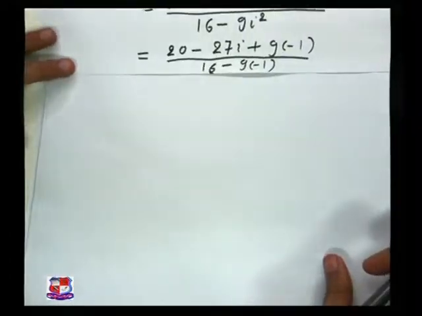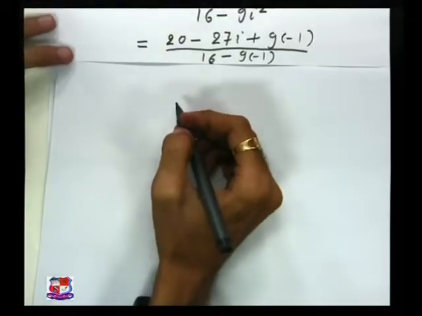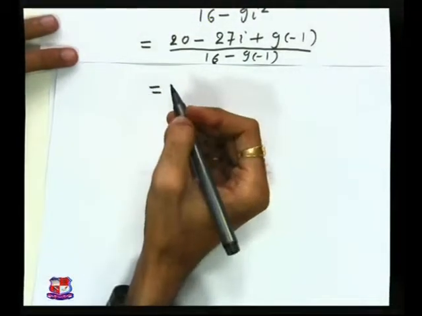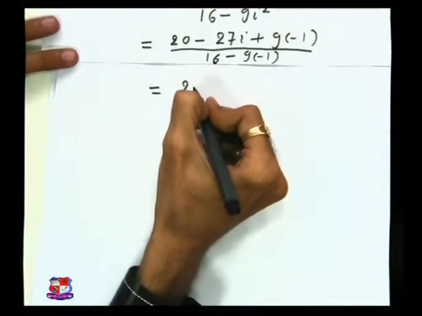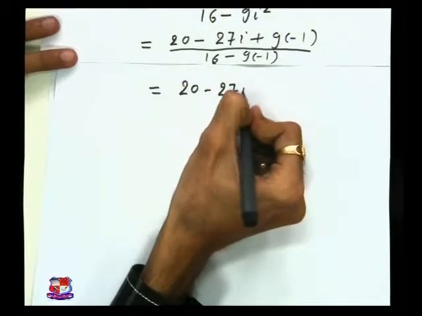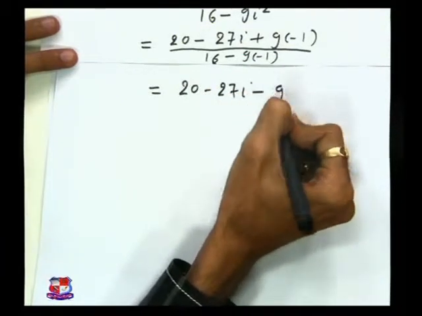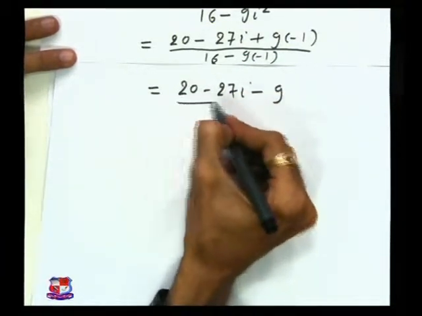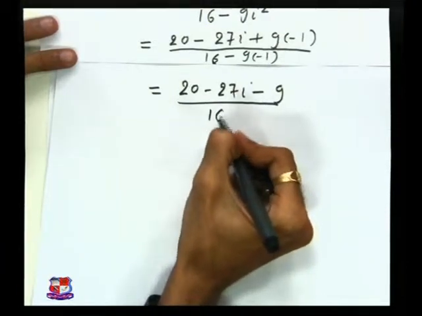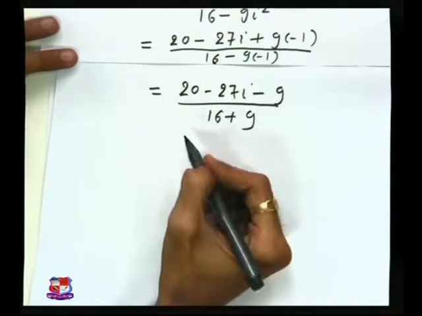So we will get 20 minus 27i minus 9 upon 16 plus 9.